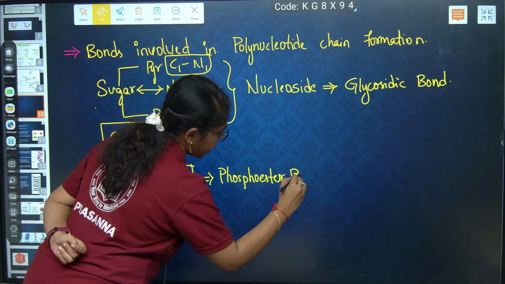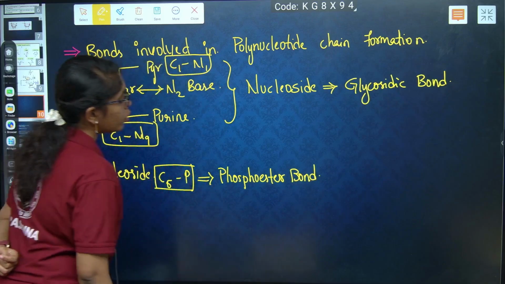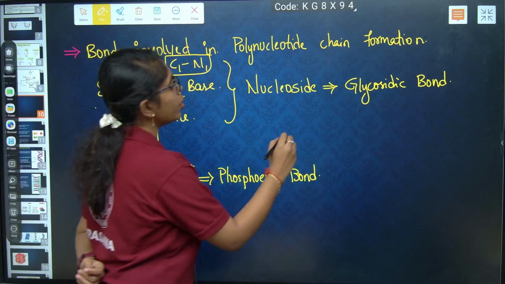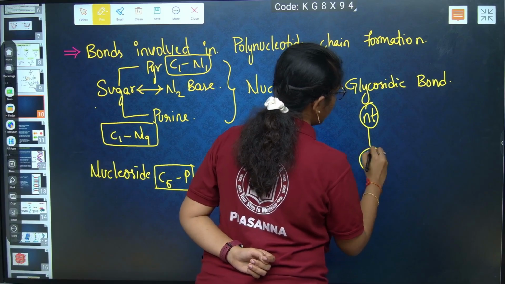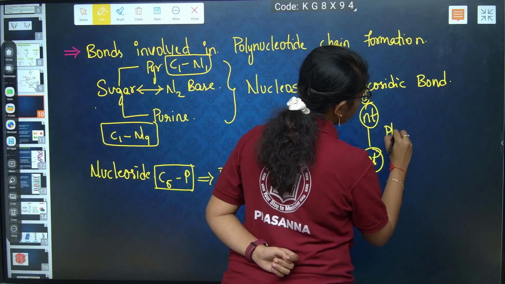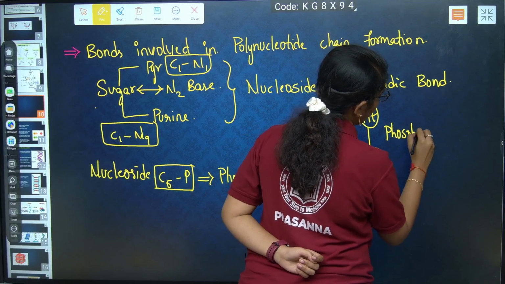This forms the phosphoester bond. Two nucleotides are attached to each other by a phosphodiester bond. What is that bond?